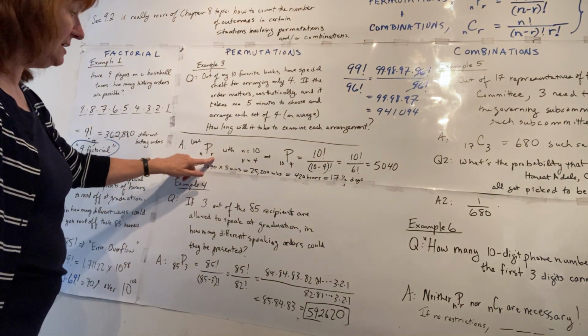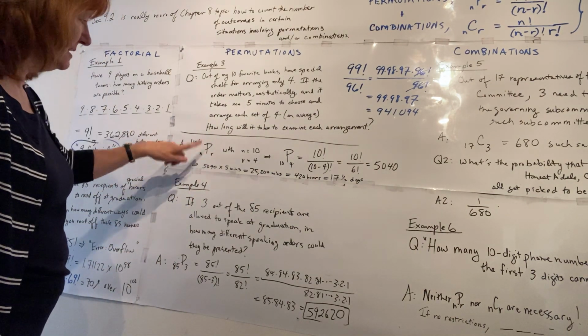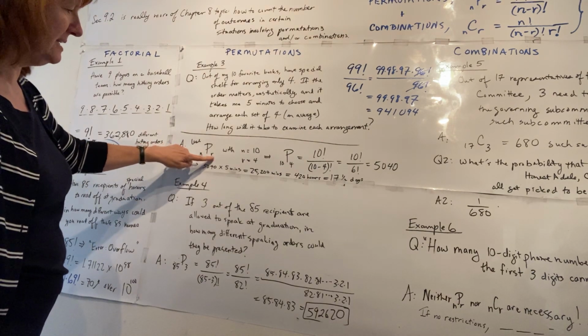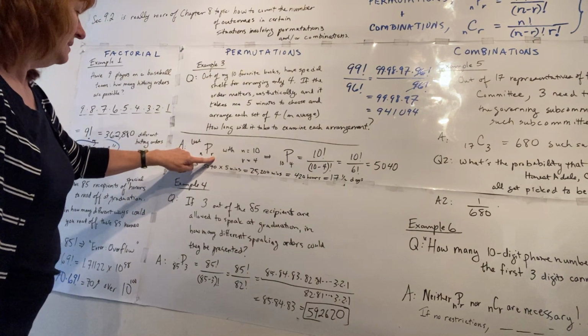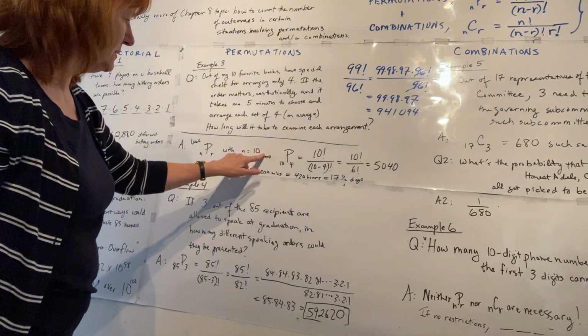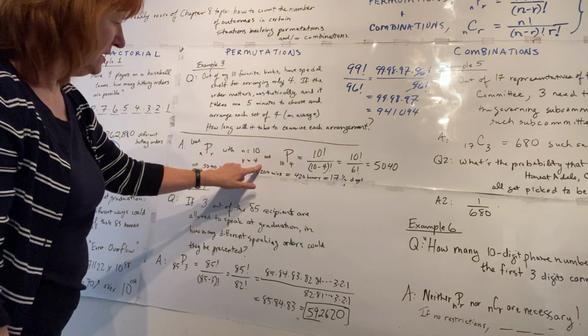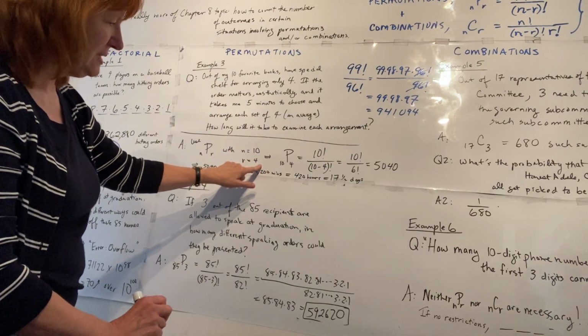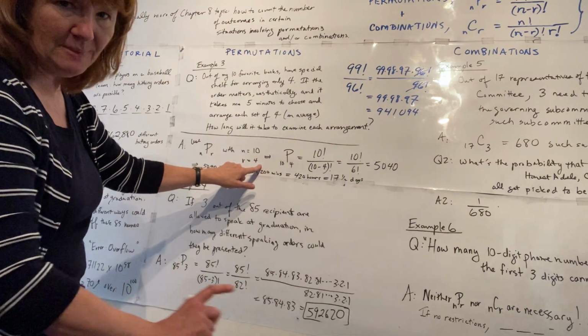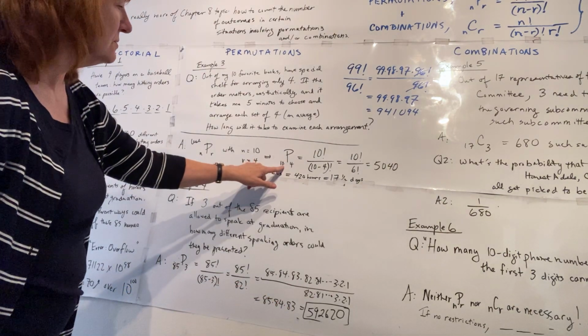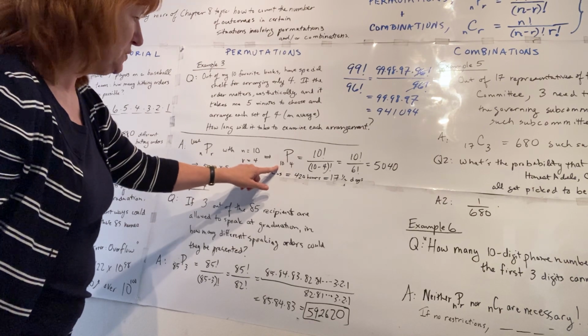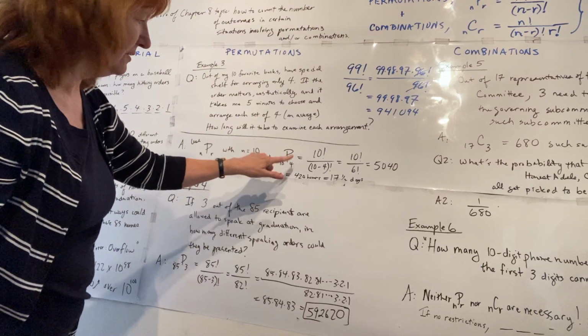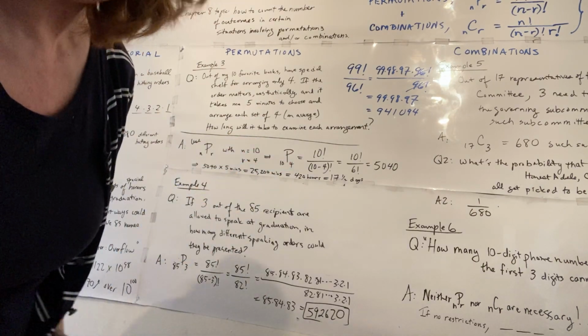You could use nPr. That's the number of permutations of n things taken r at a time. So there's n equal to 10 things to choose from. You'd like to take 4 out of those and put them in particular arrangements, permutations. So what you enter is 10 nPr 4 in your probability section.